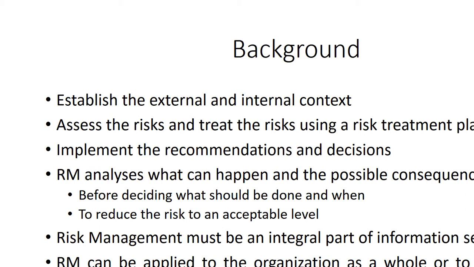It's basically like a planning phase where you have to gather the necessary information from the relevant people of your organization, and you have to define the scope and everything that you are going to use to carry out the risk management task. And you have to assess the potential risk and treat the risk using a risk treatment plan.